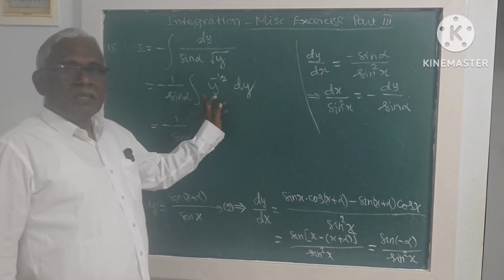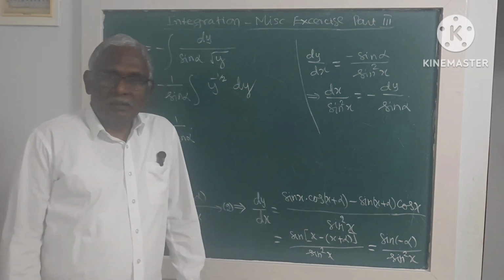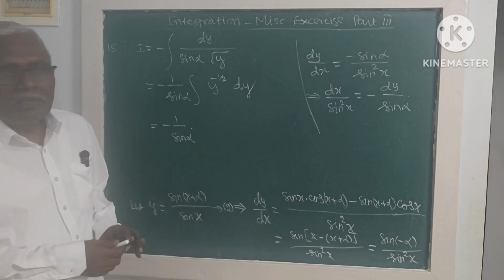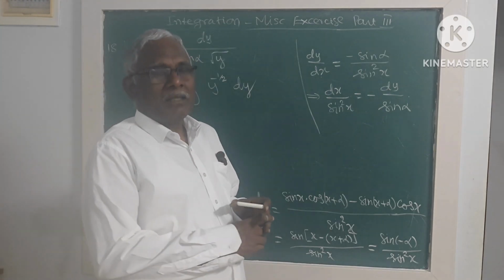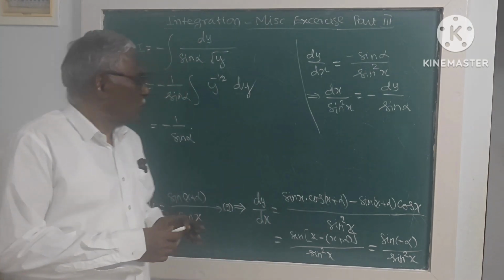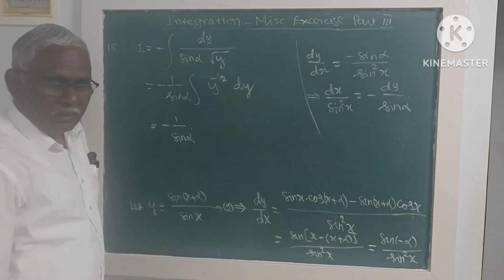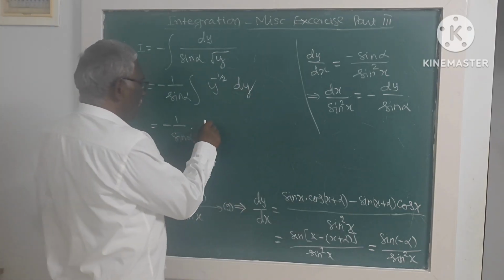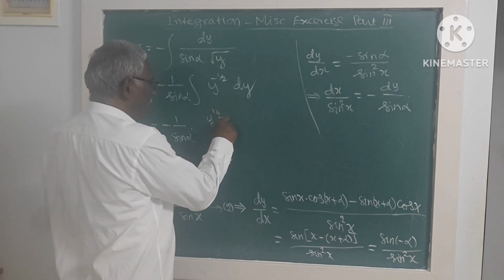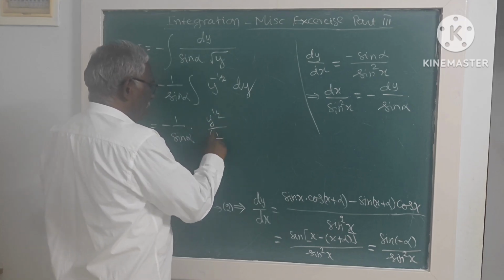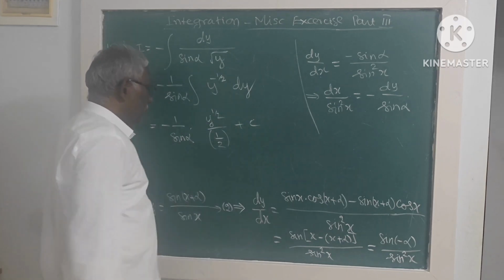This is in the form of integral x power n dx. If we integrate x power n with respect to x, what will come? x power n plus 1 by n plus 1. So it will be y power minus half plus 1, that is y power half by half, plus constant.